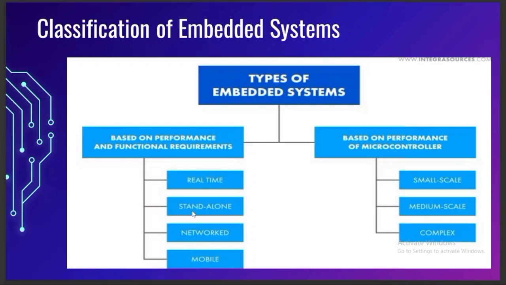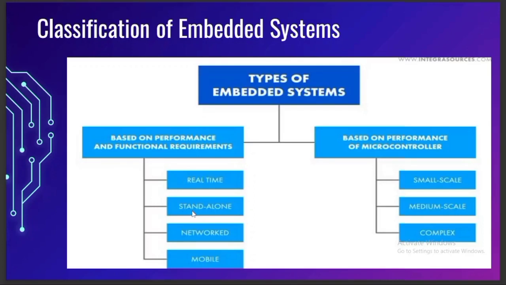Standalone embedded systems work by receiving the input without using any host system for the desired output. The third one, the networked embedded systems, usually use general purpose processors. And the fourth and last is the mobile embedded systems.